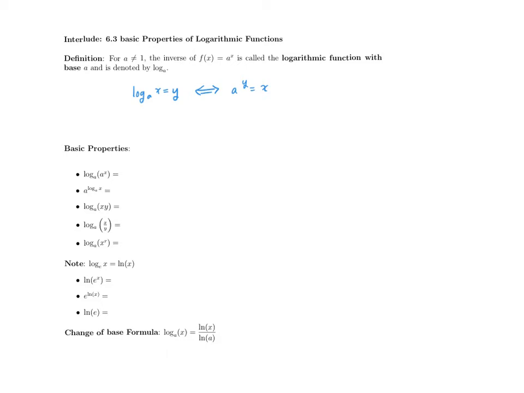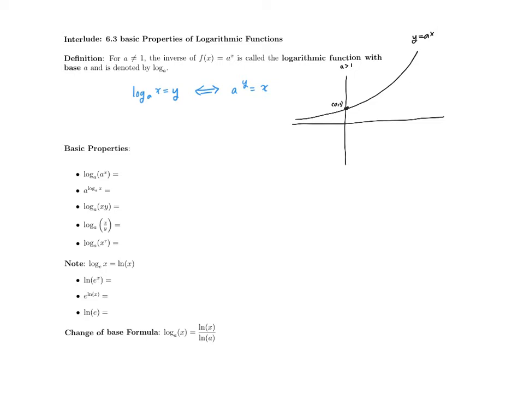So let's think about this graphically. And I'll draw the picture of the case when a is larger than 1, just for convenience. The graph of y equals a to the x is an increasing exponential function. It has y-intercept of 1, so there's 0, 1.